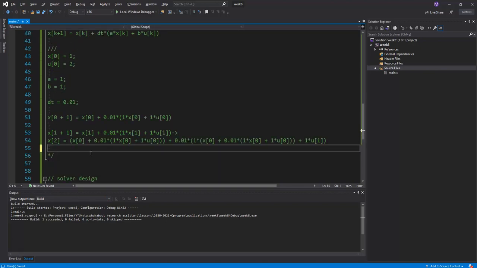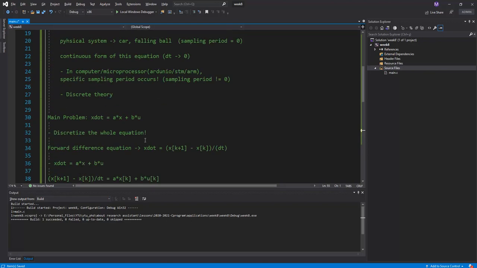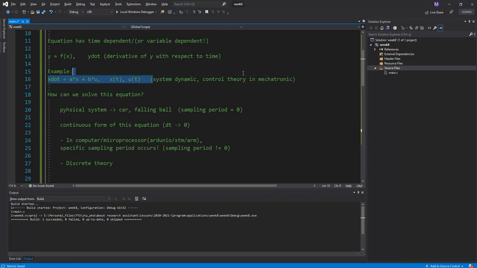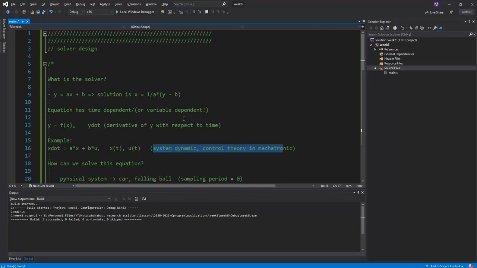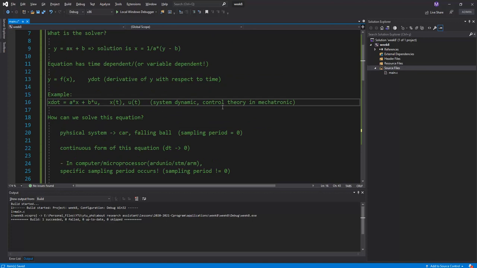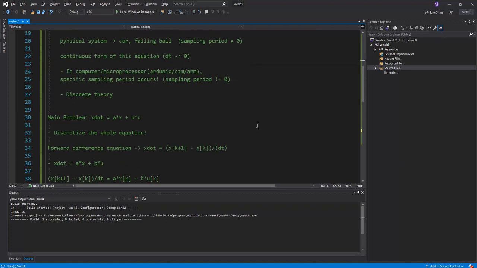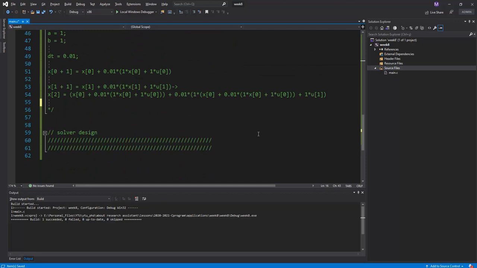And so this is the general method, and you are using this approach in system dynamics and control theory in mechatronic engineering, or in any process in the mathematical solutions.